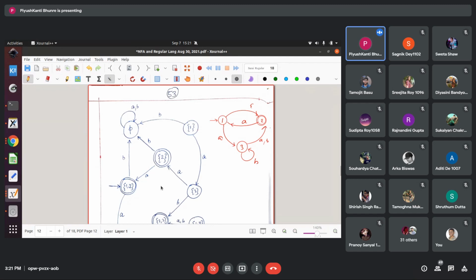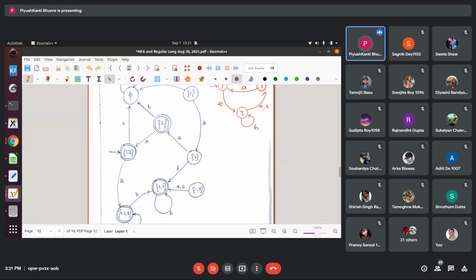So here, start state, as we have found out, is 1 2. From 1 to 2 on receiving A, in fact it has to move from 1 to 3. So that's why there is a movement from this state to here.